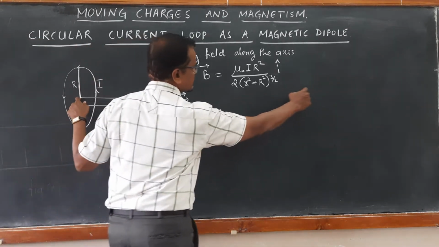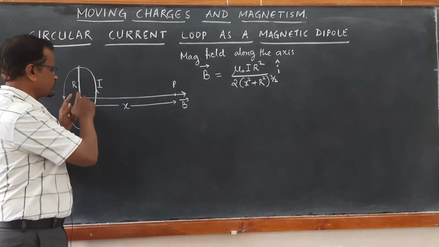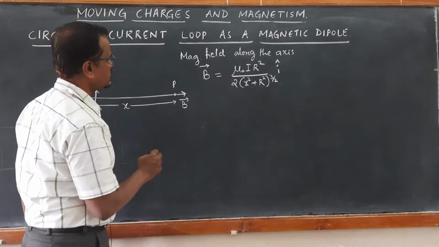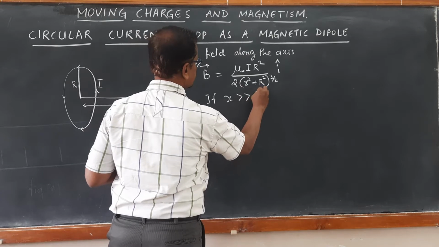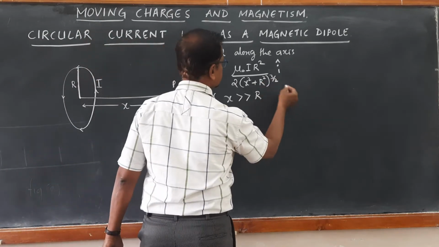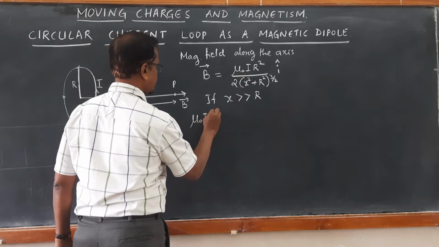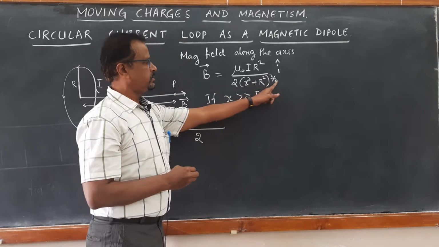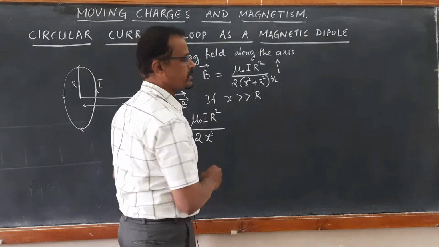If the distance x along the axis is very much large compared to the radius r of the coil, then r square in the denominator of this equation can be ignored. The same equation becomes vector B equal to mu naught I r square by 2 times x square raised to 3 by 2, so you are left with 2x cube in the denominator.